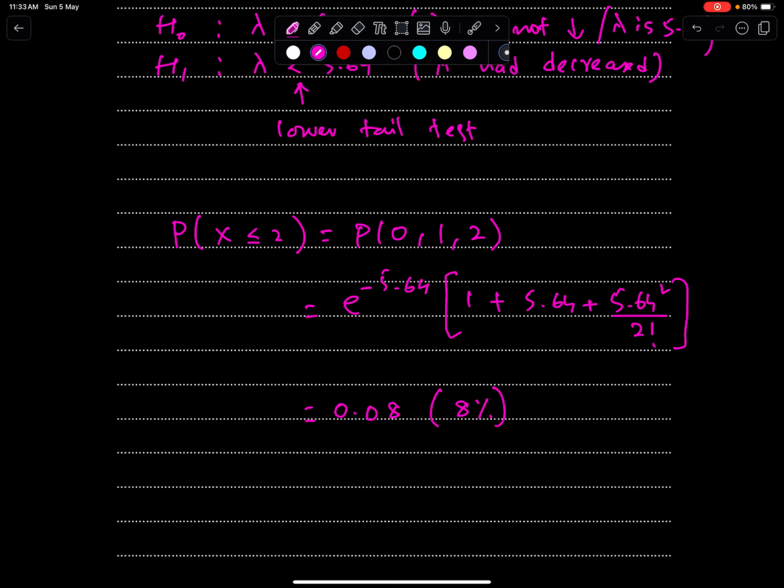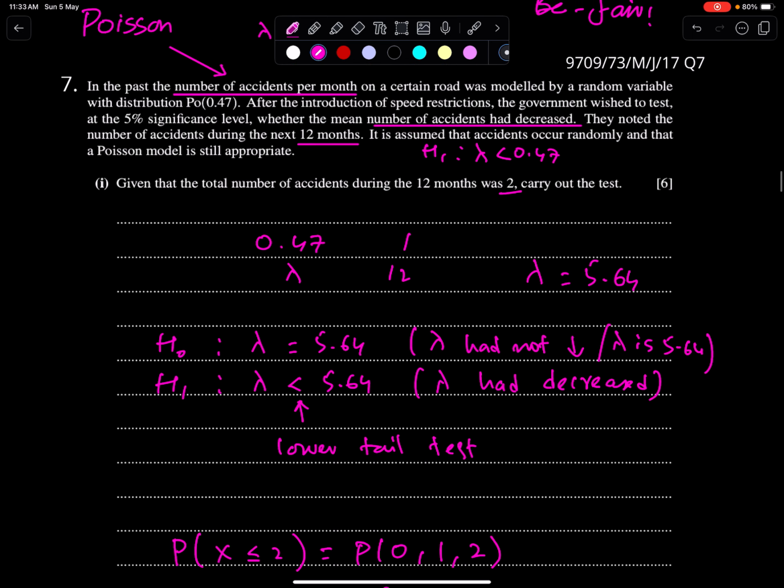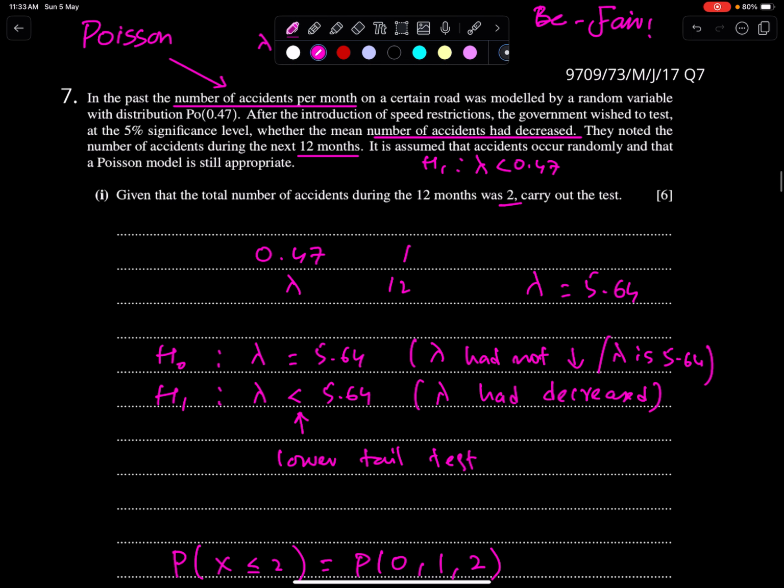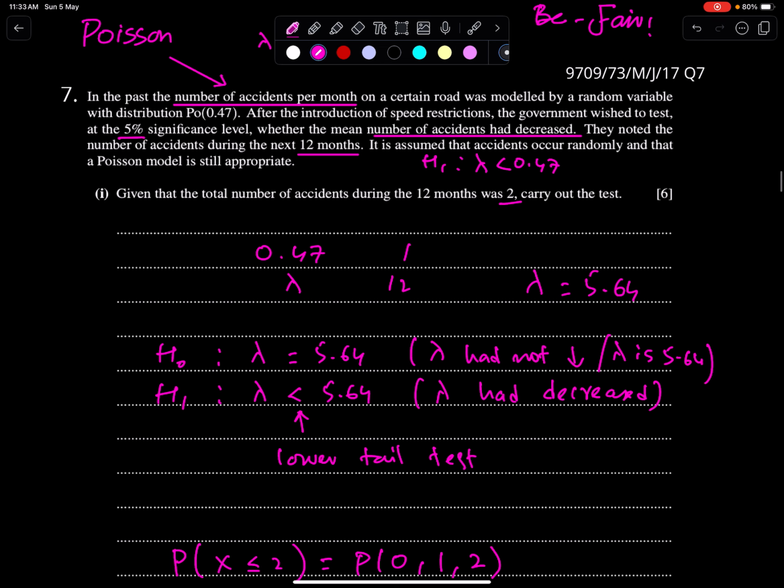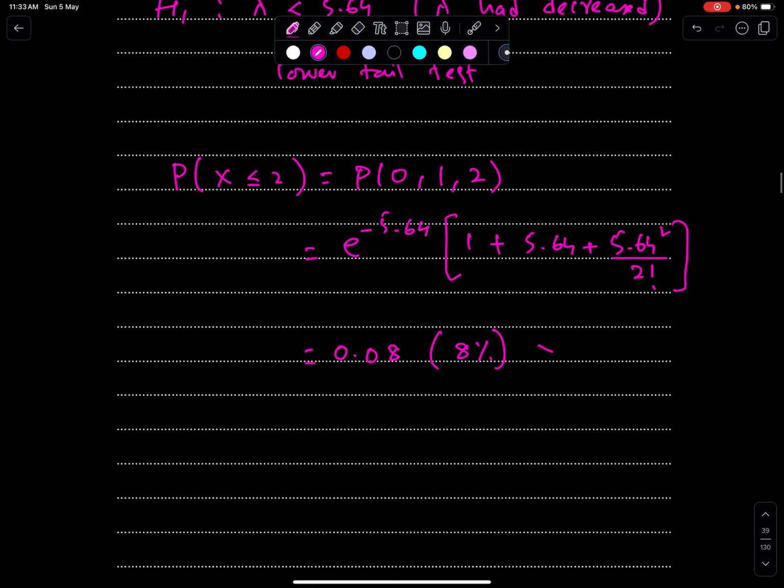And this 8% is greater than the alpha percent, which is 5%. This is greater than 5%.